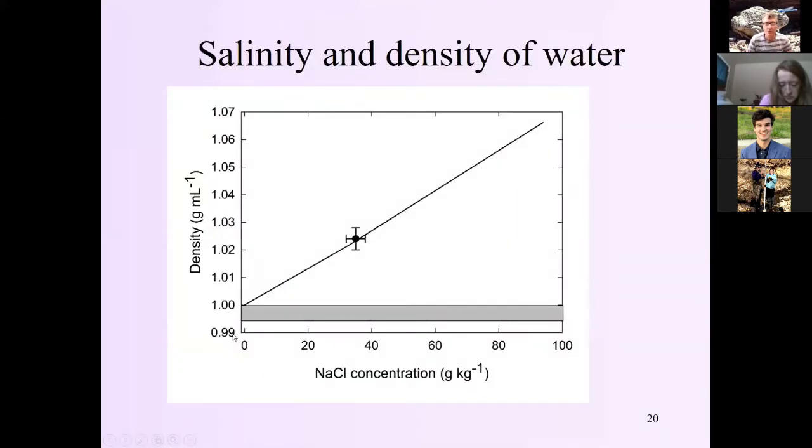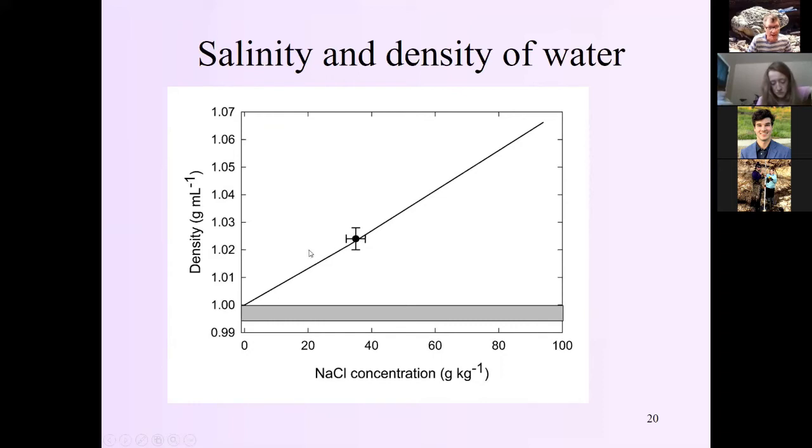In addition to temperature changing the density of water, the amount of salts also has a big effect. And so we have right here, seawater is this point right here. And we see that the density of seawater is 1.025 or so, right?